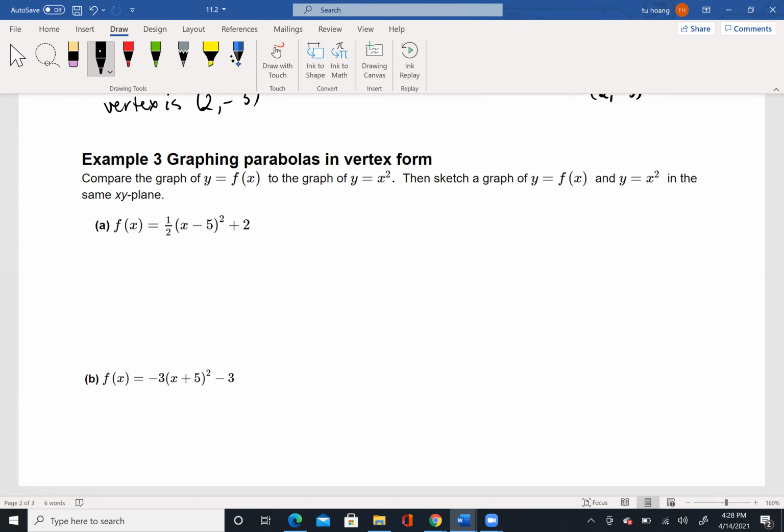So I have a in here. We have f(x) equal to 1/2 times (x minus 5) squared plus 2. This is a vertex form.